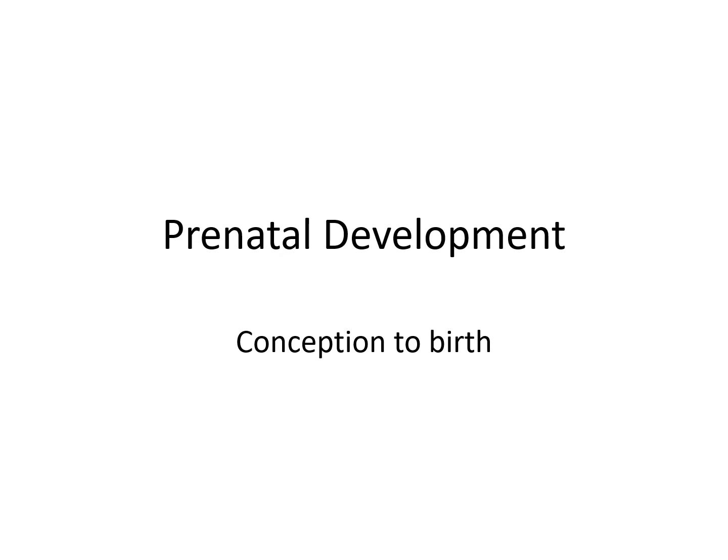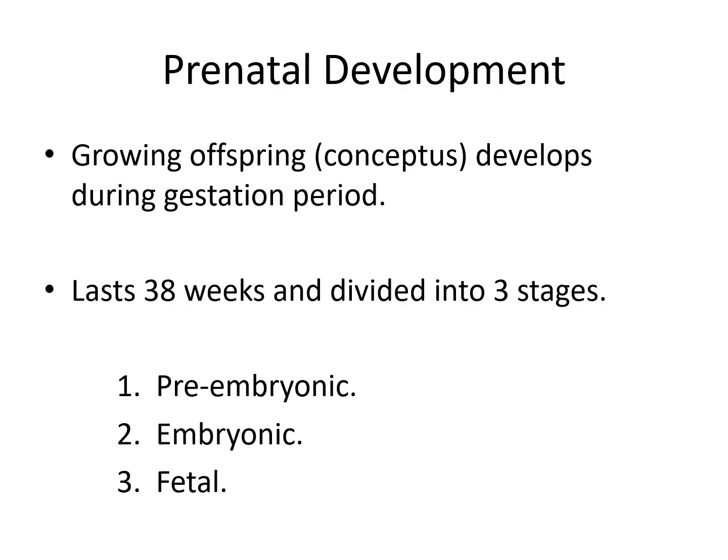Okay, let's take a look at prenatal development. Prenatal development goes from conception to birth. The offspring, or conceptus, develops during the gestational period. And generally the 38 weeks is divided into 3 stages: the pre-embryonic, embryonic, and fetal stages.